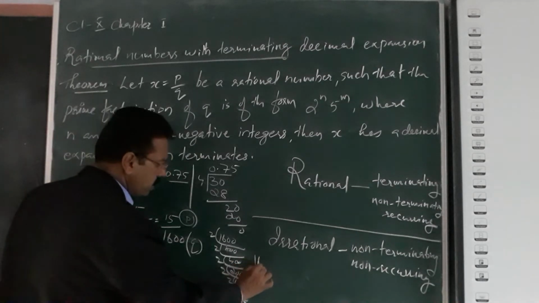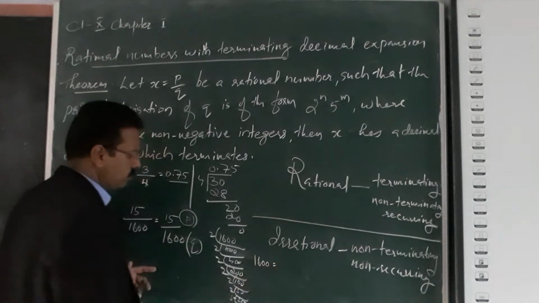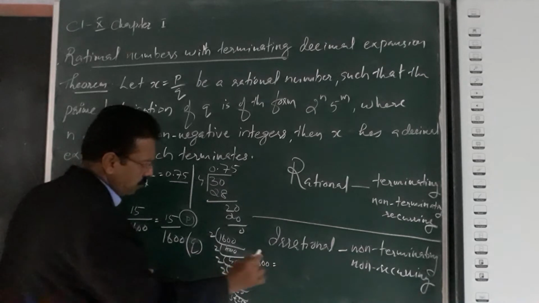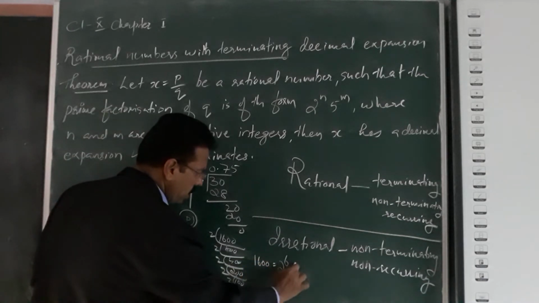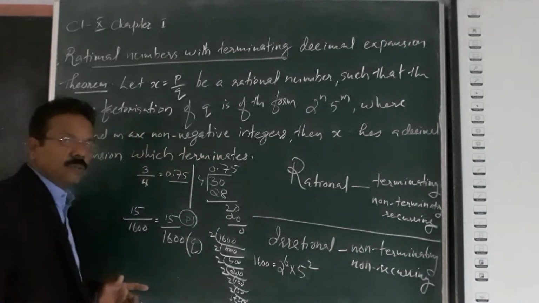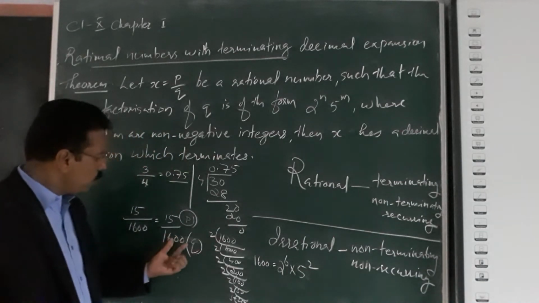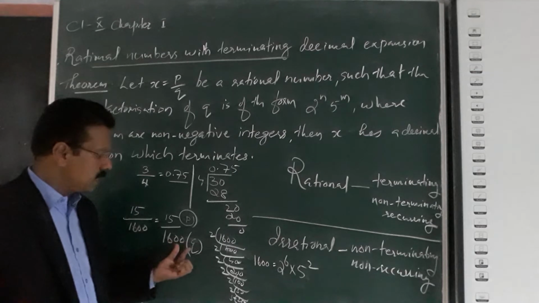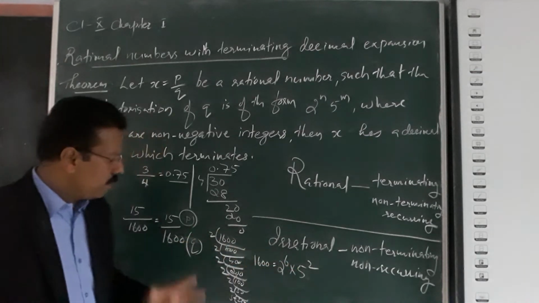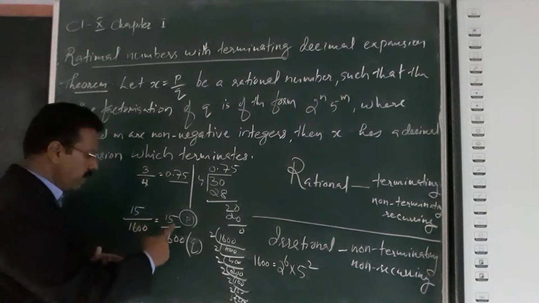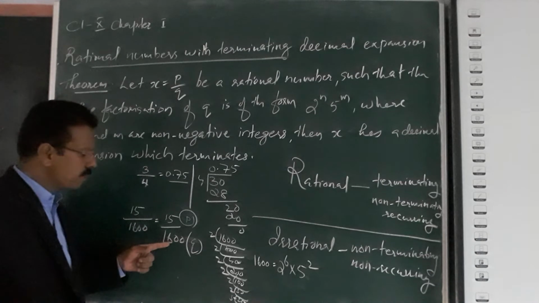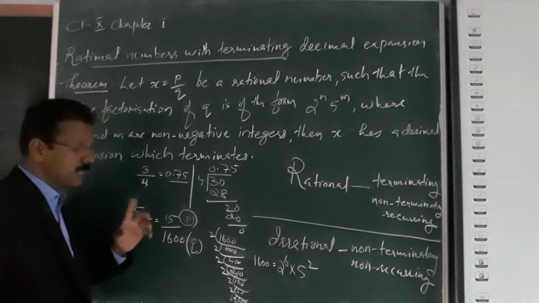Now 1600 is 2 raised to how many? 1, 2, 3, 4, 5, 6. 2 raised to 6 into 5 square. And this q, the denominator, you can write as the prime factors of 2 and 5. When you are dividing 15 by 1600, surely you can see this decimal form is terminating.